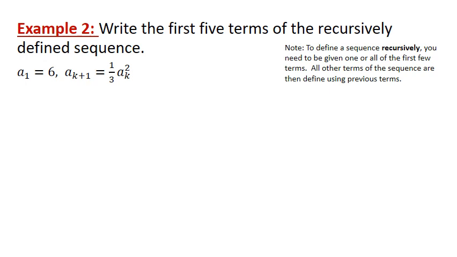So you need to know the terms before it, or the term before it. So if I'm given the first term and I'm given the k plus 1 term, what this means is I need to know a sub k in order to find the next term. So this is like the previous term.